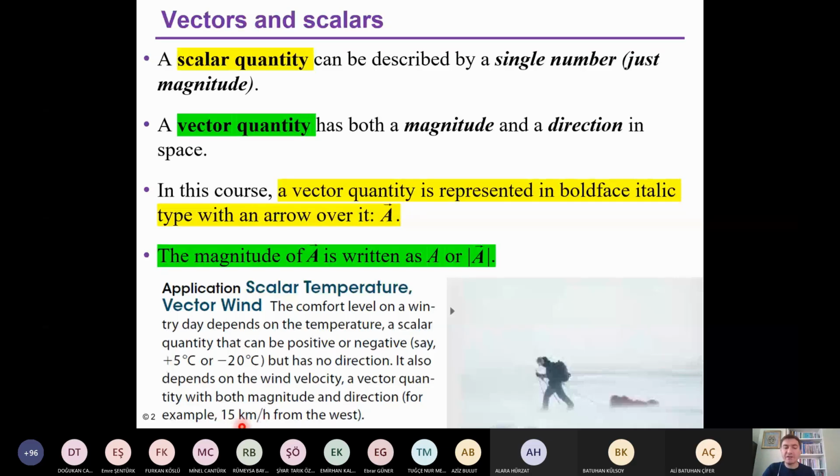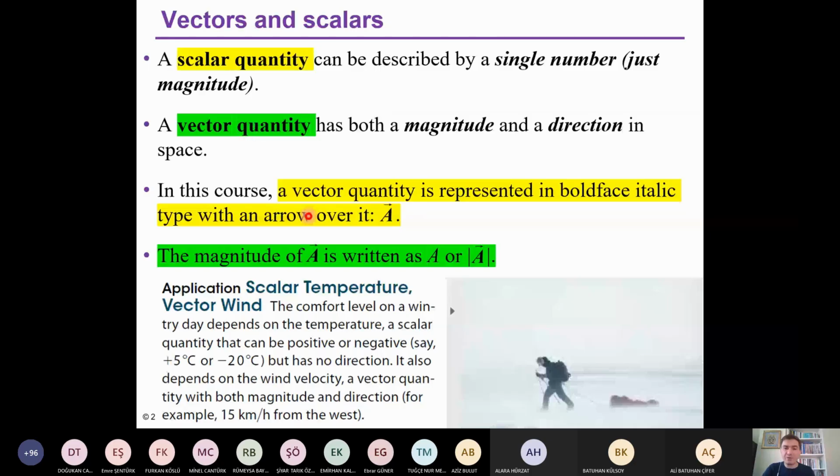And what about its direction? It comes from the west, okay? A vector has some certain direction, okay? So this is a very important difference between scalar quantity and vector quantity. This is given by just a magnitude, and this is given by both a magnitude and direction in space.